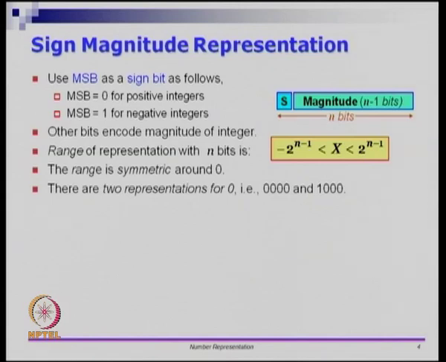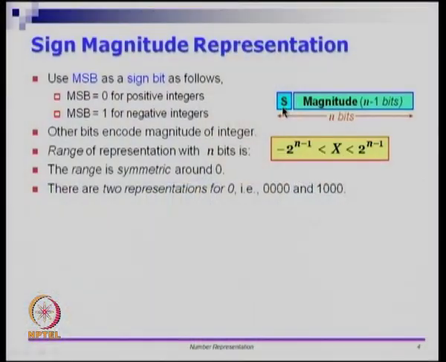And let us look at the range that this can represent. If I give you an n-bit vector, then one of the bits is already lost to the sign, but then you have n minus 1 bits. These n minus 1 bits can go all the way from 0 to 2 power n minus 1. So with the signed magnitude representation, this s being 1 or 0 essentially doubles that range.